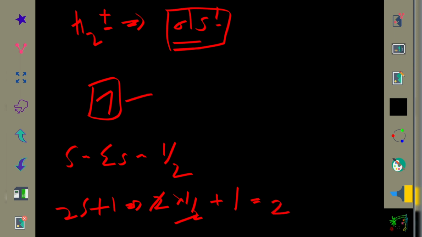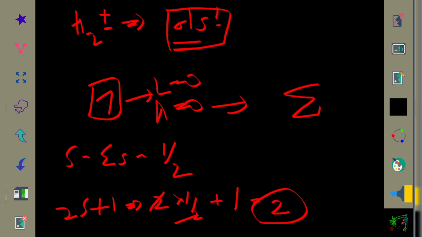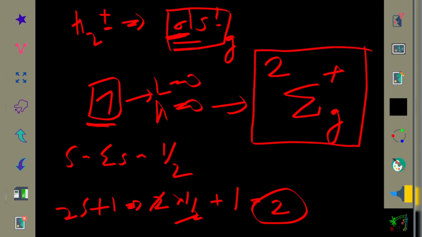The L value for the s orbital is 0, so lambda is 0. It means the state will be sigma. Multiplicity is 2. Symmetry for the sigma is gerade. And since the electron is going into the sigma orbital only, it will be positive. So the term symbol for H2 plus will be 2 sigma g plus.